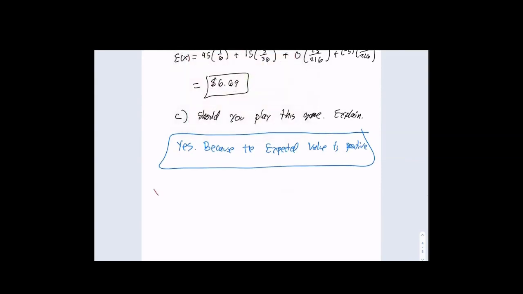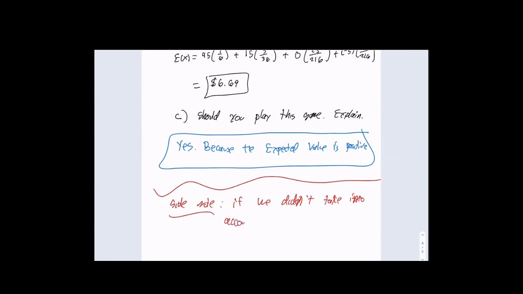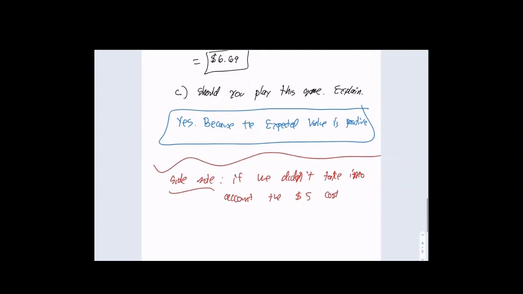Side note. If we didn't take into account the $5 cost, then my probability model, using y and the probability of y, would have been 50, 20, 5, 0, and I would have gotten the same probabilities.